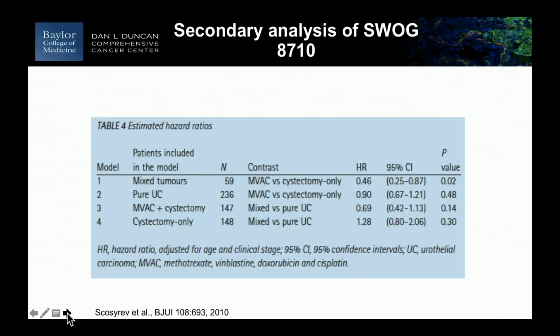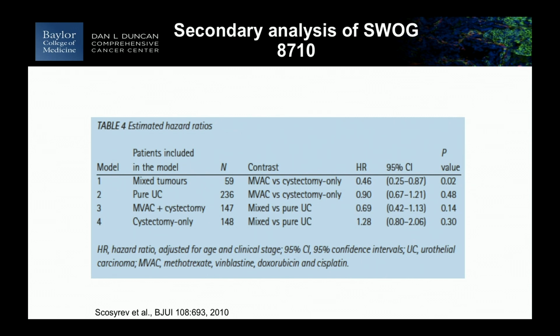platinum. Now here's the really interesting paper that has turned this a little bit upside down. SWOG 8710 was the randomized trial of 3 cycles of MVAC plus cystectomy versus cystectomy alone, one of 2 clinical trials that provide level 1 evidence supporting neoadjuvant chemotherapy. And so Ed Messing and one of his residents went back and asked the question about variant histology.